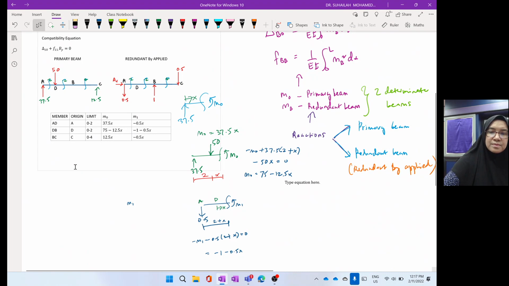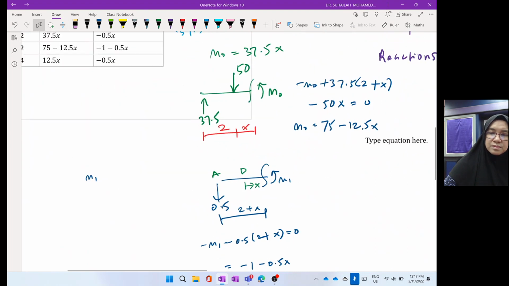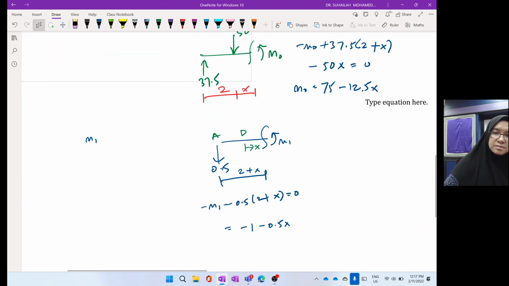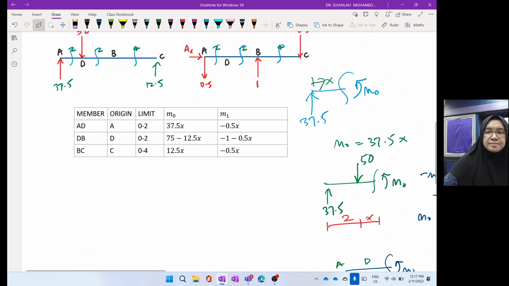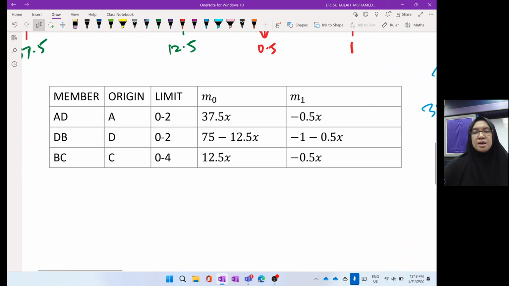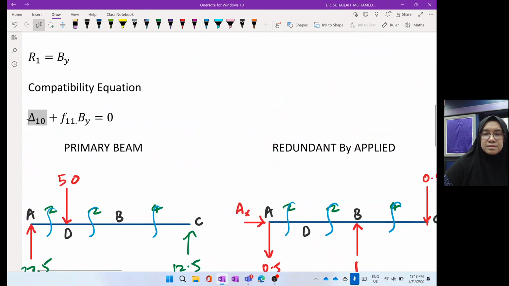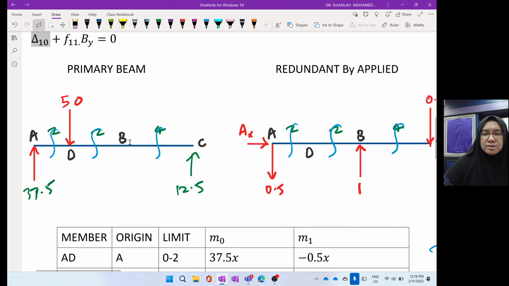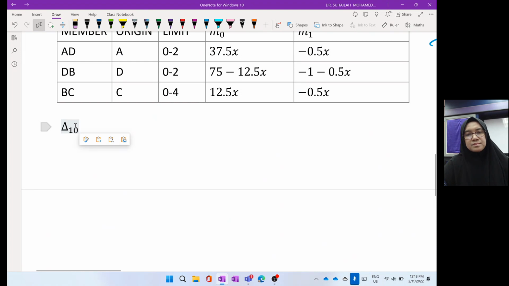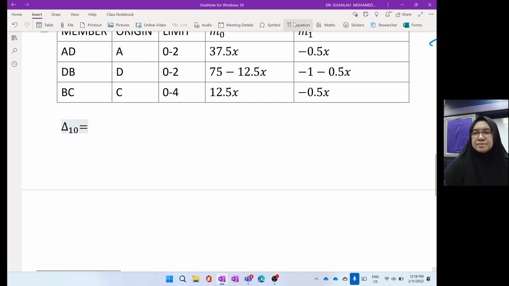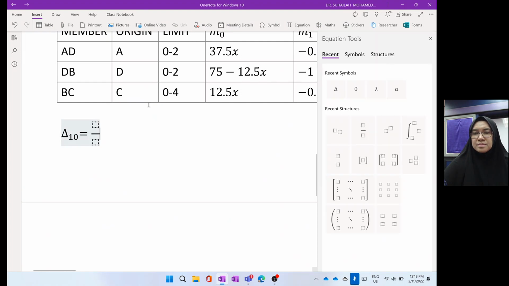Okay, now calculate delta 1 node, and this is equal to 1 over EI.